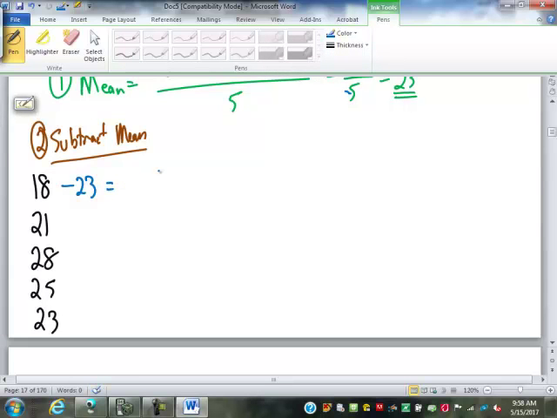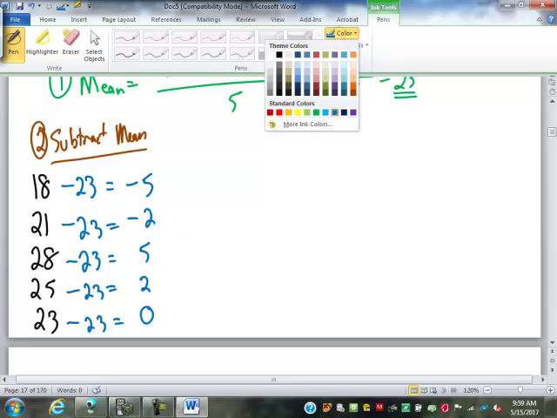What is 18 minus 23? Negative 5. 21 minus 23. Negative 2. 28 minus 23. 5. 25 minus 23. 2. 23 minus 23. 0. What is step 3?